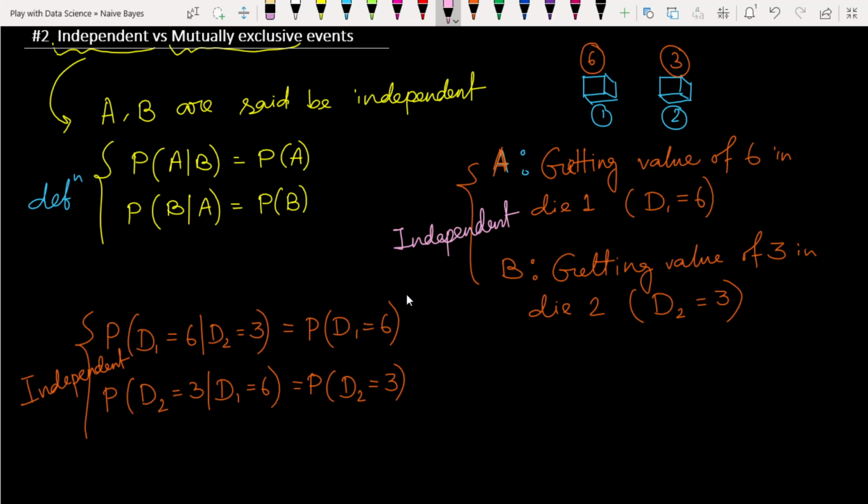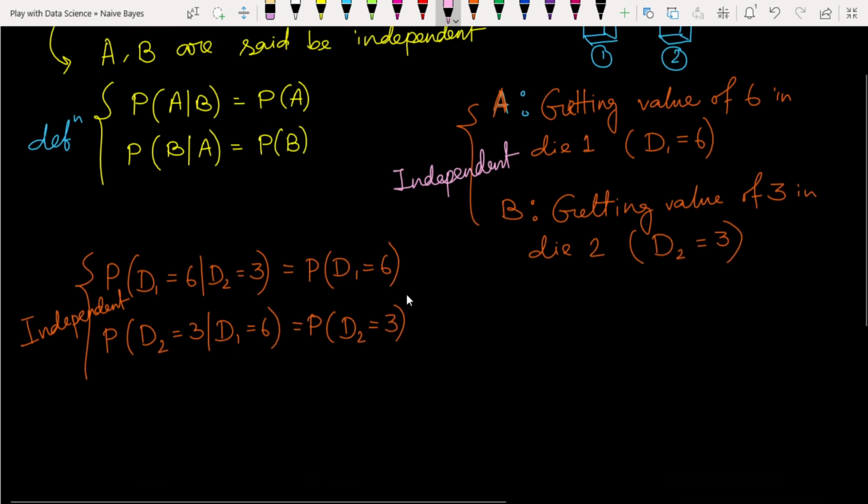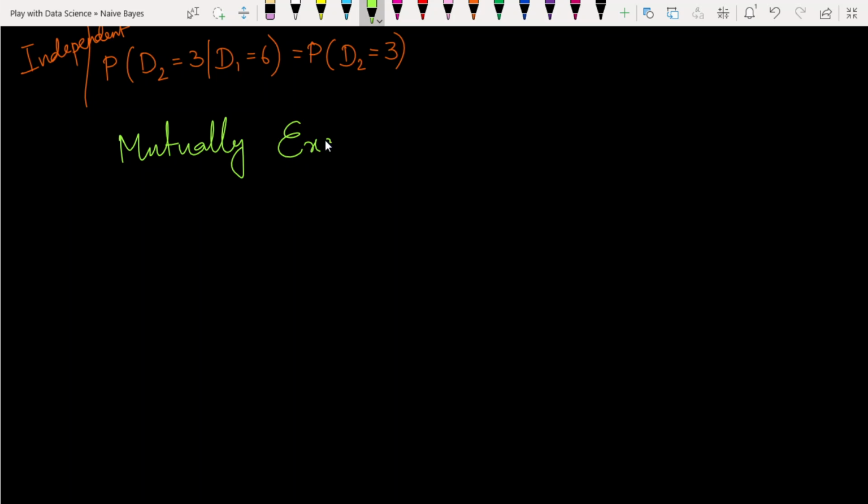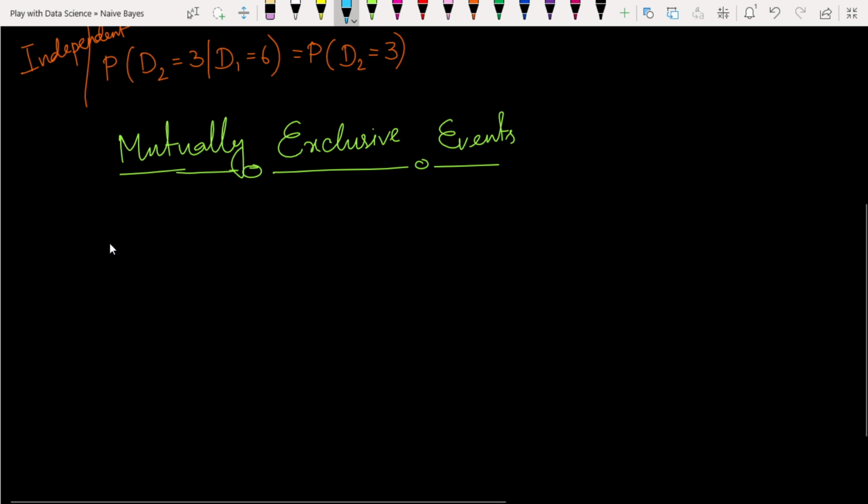What are independent events? Now come to the concept of mutually exclusive events. What is a mutually exclusive event? First write down its mathematical formulation, then we will discuss its concept.